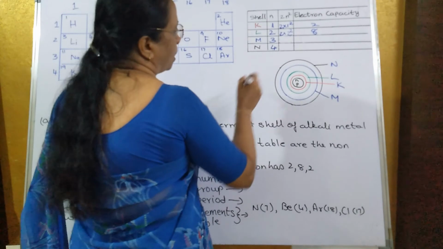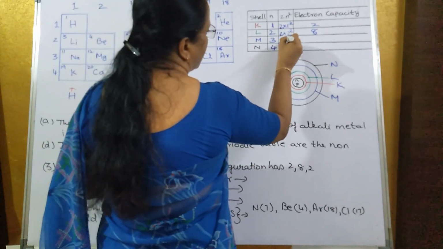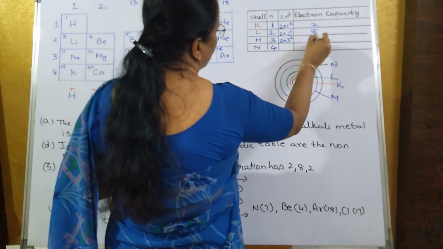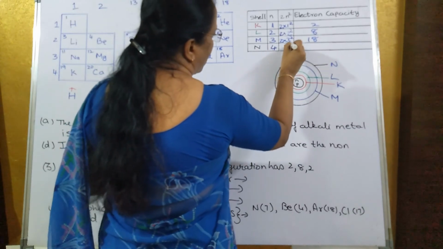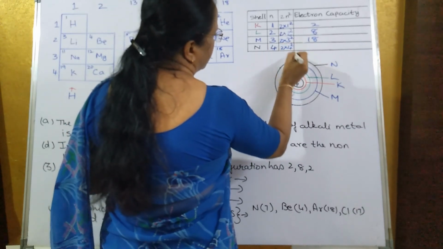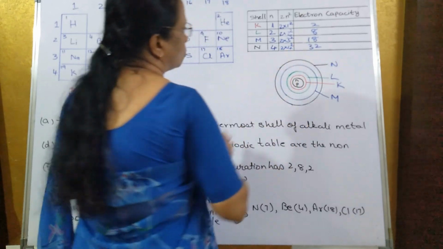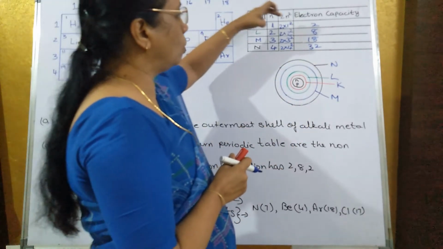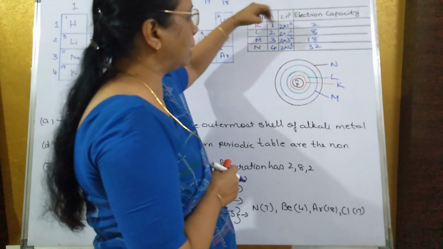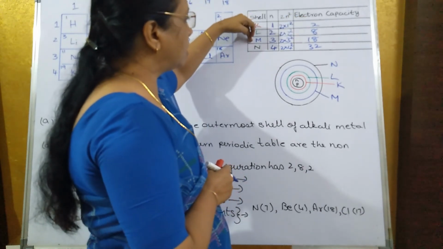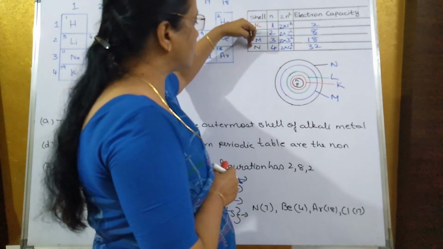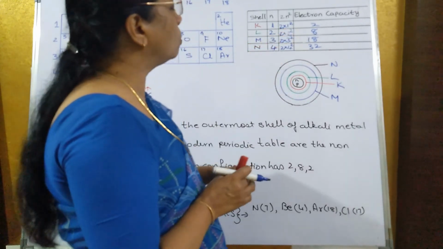The third one, 3 square, that is 9. 9 into 2 is 18. Then 4 square, that is 16. 16 into 2 is 32. So the first shell can hold 2 electrons, the second shell can hold 8 electrons, the third shell can hold 18 electrons, and the fourth shell can hold 32 electrons.